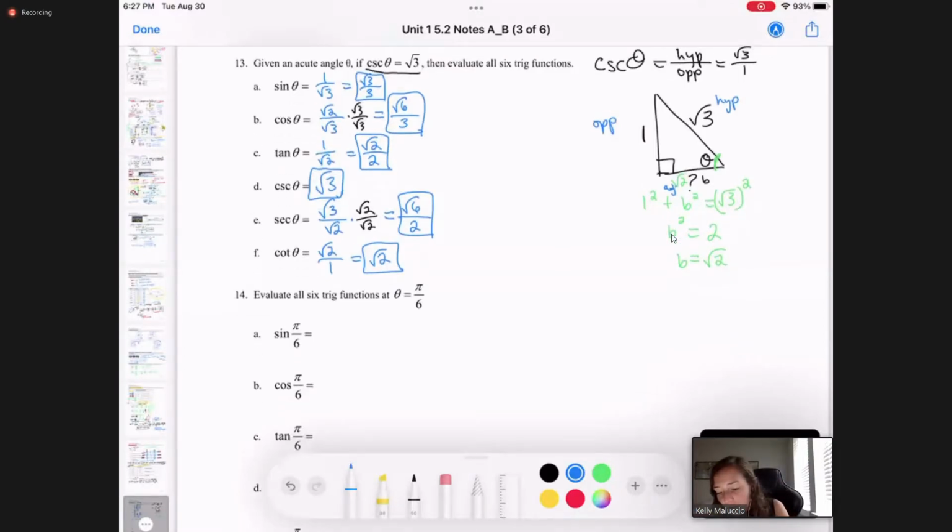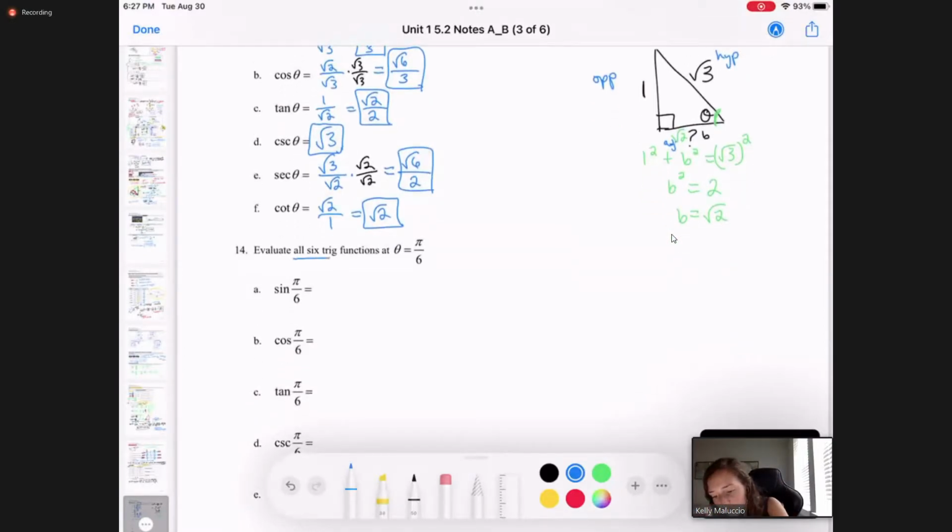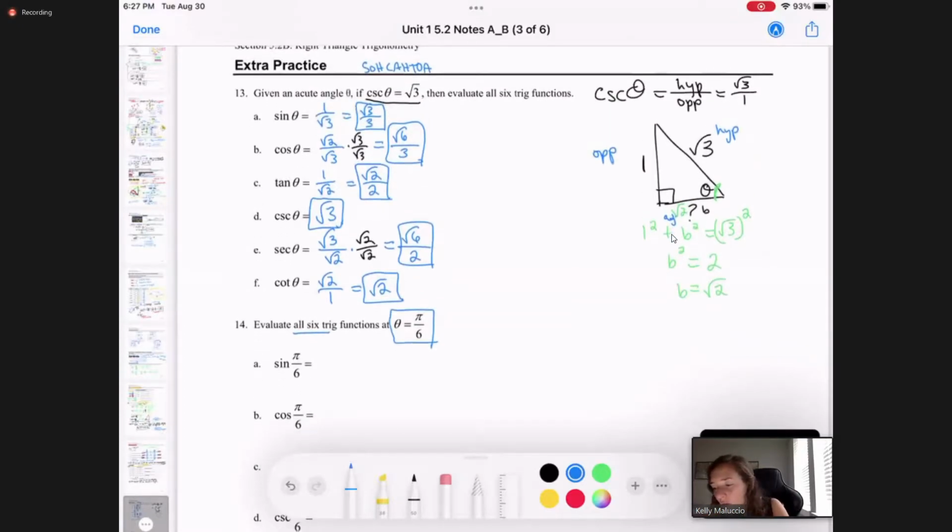All right, so now next up is evaluate all 6 trig functions with theta being pi over 6. So note, something that I didn't say, but it doesn't really matter, that the last one was not a special right triangle, remember how last time we talked about special right triangles? But looking at this next one, if this is our theta and it's pi over 6, right?